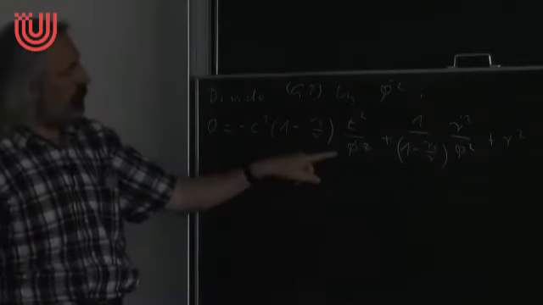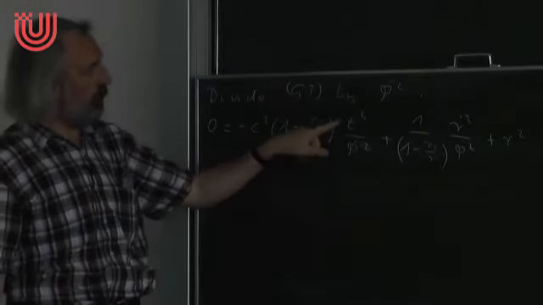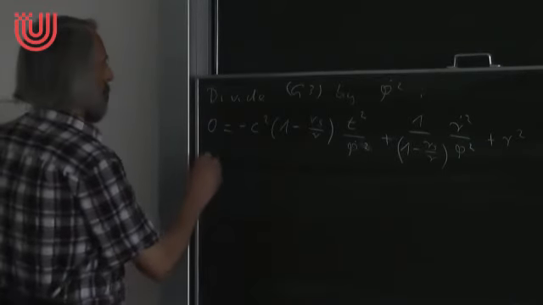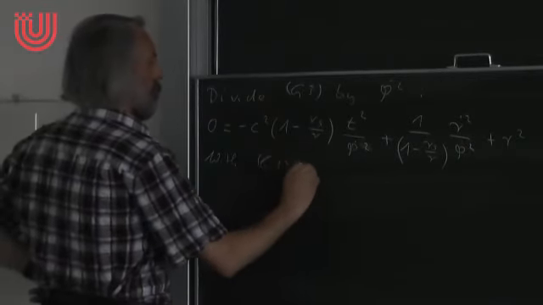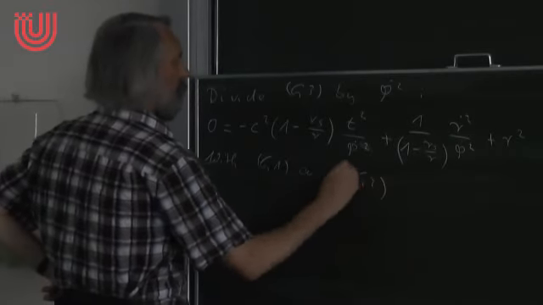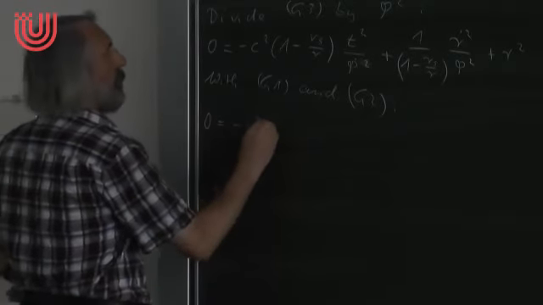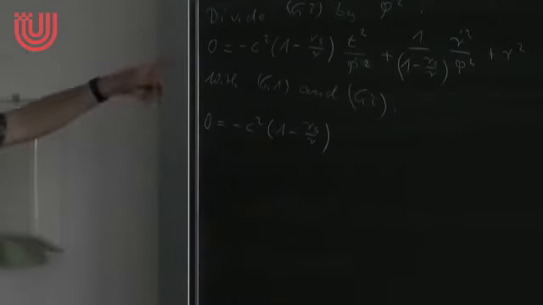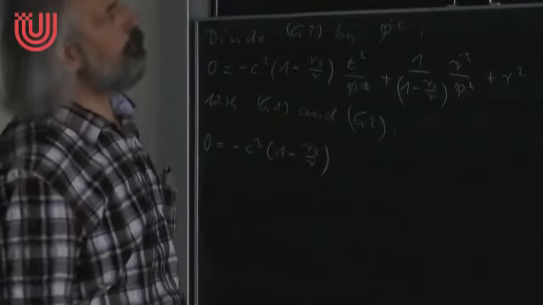So I want to get rid of these two terms, and for this I use g1 and g2, because g1 and g2 allow me to express these terms in terms of the constants of motion. So I use g1 and g2 in order to get rid of the t dot and the phi dot here. So I have 0 is minus c squared (1 minus rs over r). And now t dot squared. What's t dot squared? I need g1.